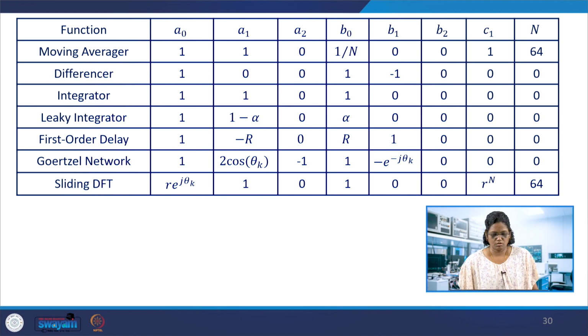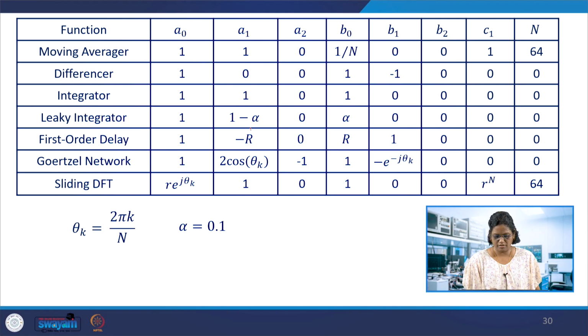And to conclude, the total functions we have seen: moving averager, differencer, integrator, leaky integrator, first order delay network, Goertzel network, and then I have added the sliding Goertzel as well, and then the sliding DFT. Here the coefficients are summarized, all the coefficients we had taken for the different cases, and theta k is 2 pi k by n in this case, and alpha is for the leaky integrator, how small it is, it will perfectly represent the integration.